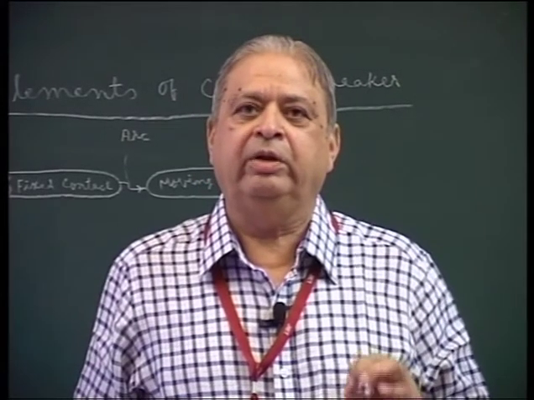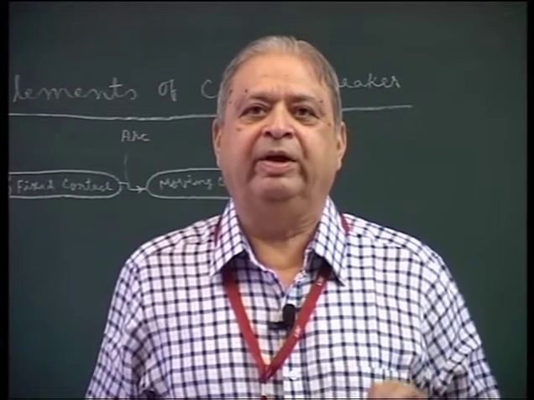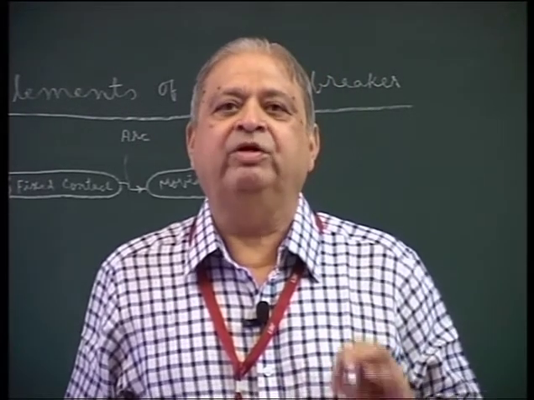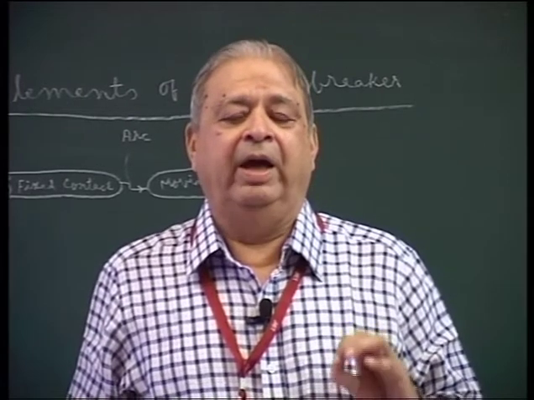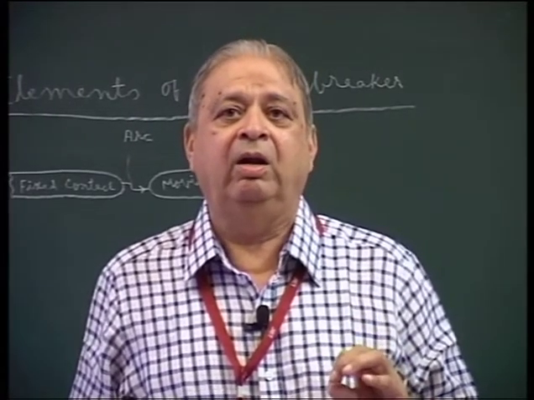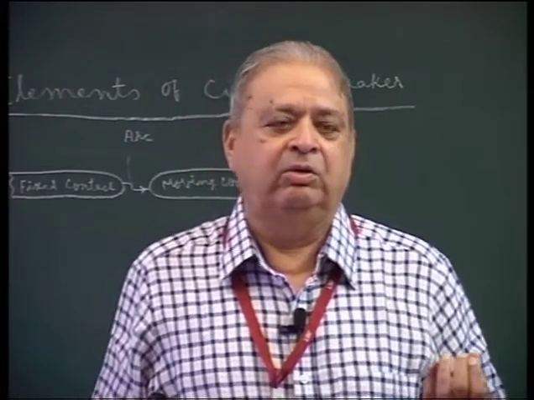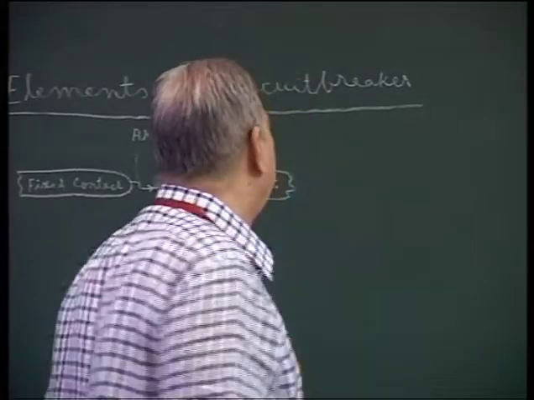So the entire theory of circuit breakers is how to quench this arc as quickly as possible so that damage is minimized. So we will study how to quench the arc.